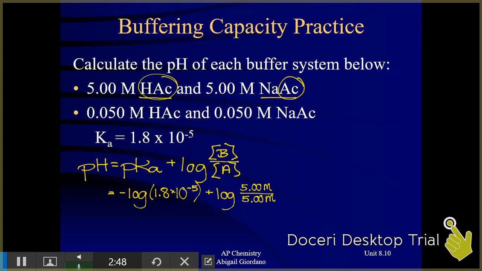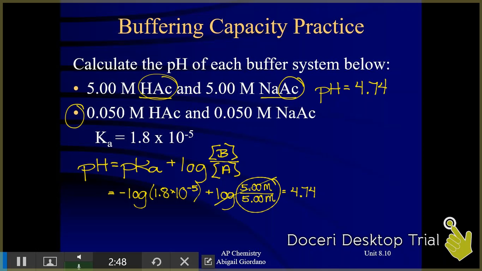If we plug all of that into the calculator, we get this for that first buffer system. So I'm going to write that down. pH equals 4.74. And again, if that ratio is 1, the log of 1 is just 0, so we end up just getting that the pH is equal to pKa for this particular situation.